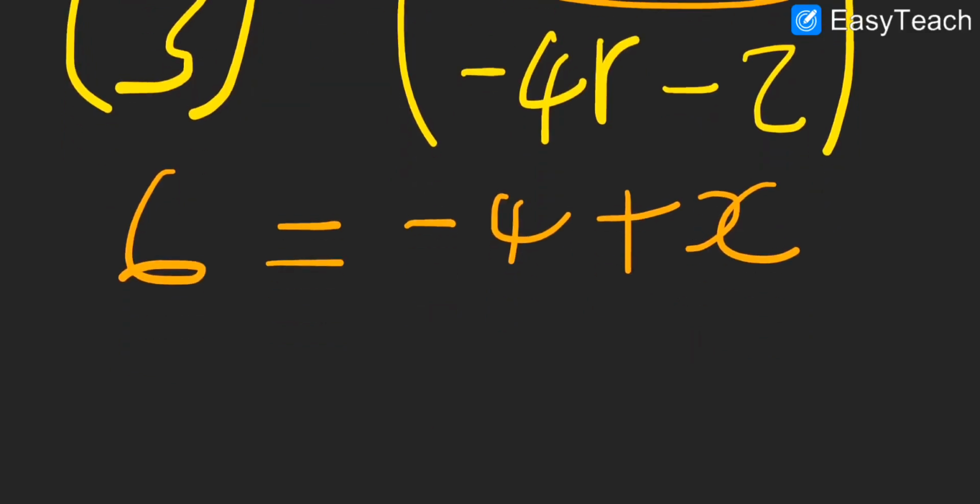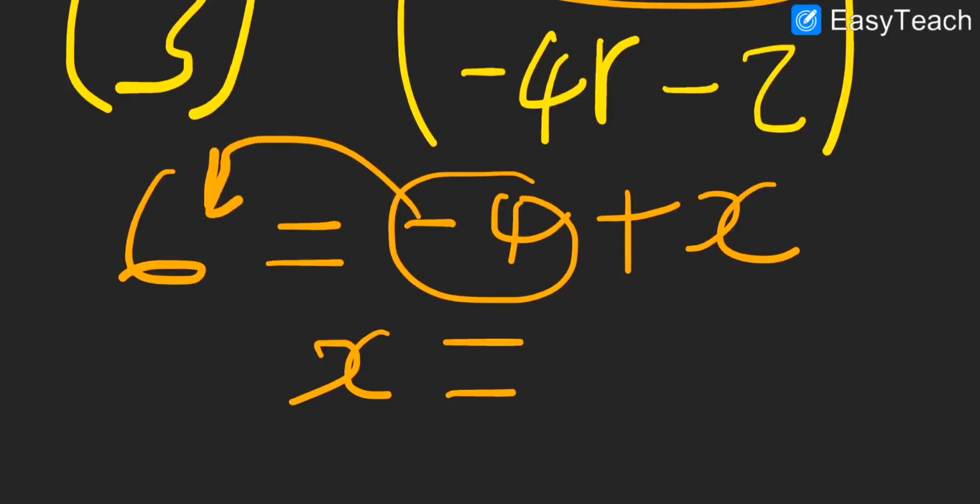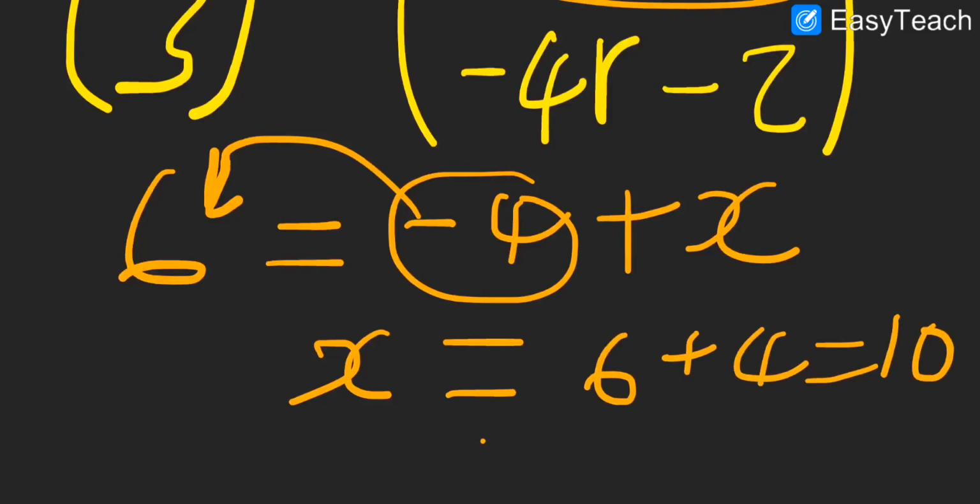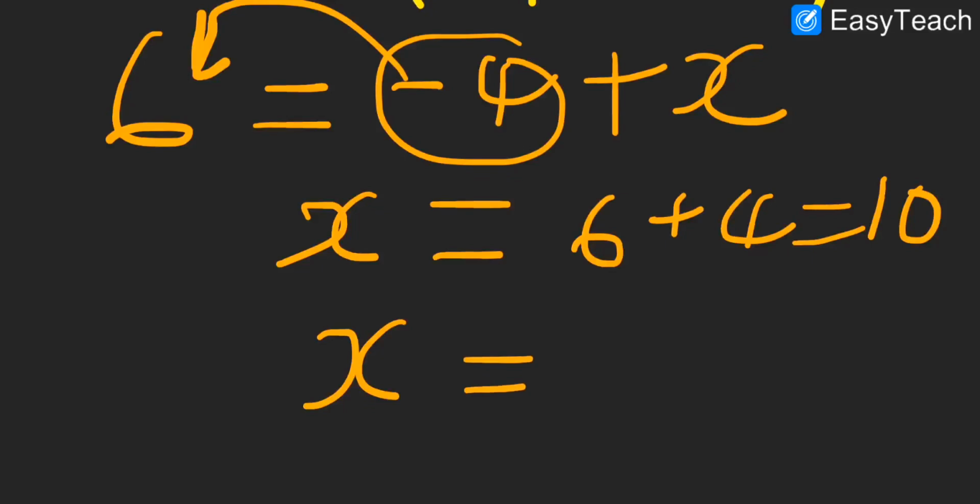Shifting the negative 4 to this side, it becomes positive, and x equals 6 plus 4, which is 10. So the value of x is 10.